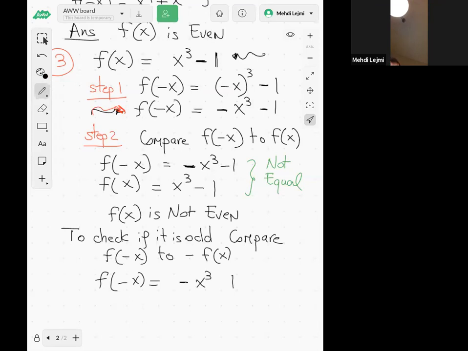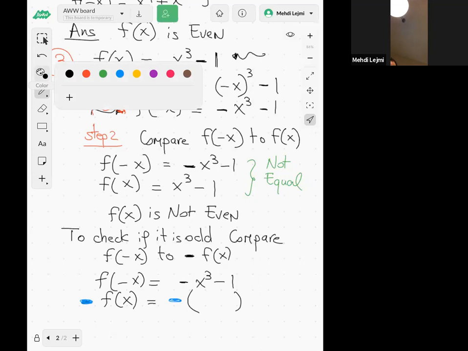And then I need to compare to minus f of x. So here's my minus, and then I'm going to need the parentheses for f of x, so I'm going to write f of x inside the parentheses. So what's f of x? F of x is my original function, which is x cubed minus 1.